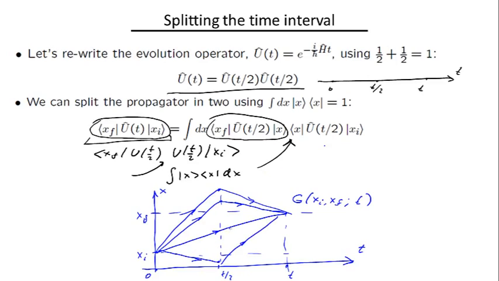And obviously, this procedure of splitting the original time interval and position interval into two can be continued. I can keep on truncating my time interval into smaller and smaller pieces, and when I continue doing so, I will have more and more intermediate coordinates appearing, and therefore I will generate all possible trajectories that cover the entire space here.